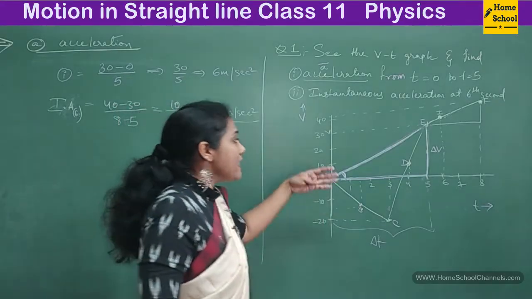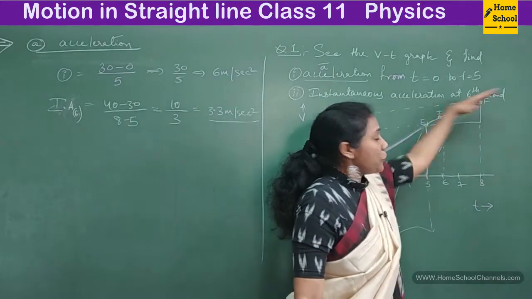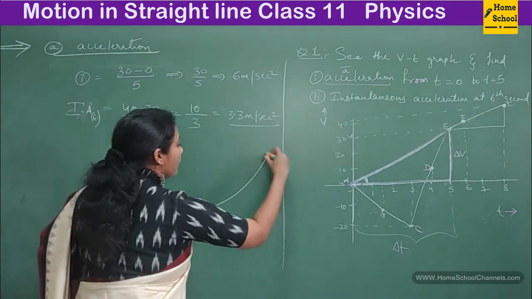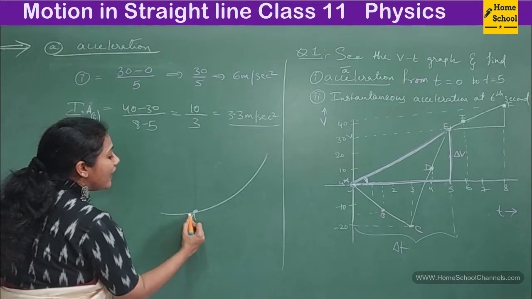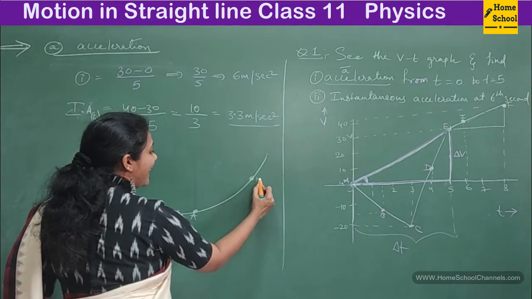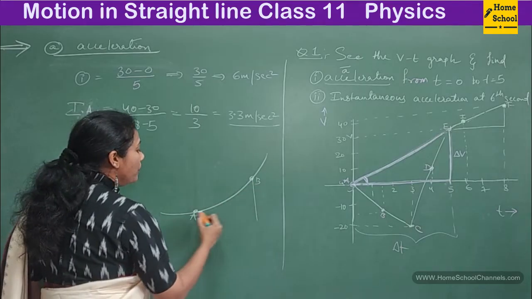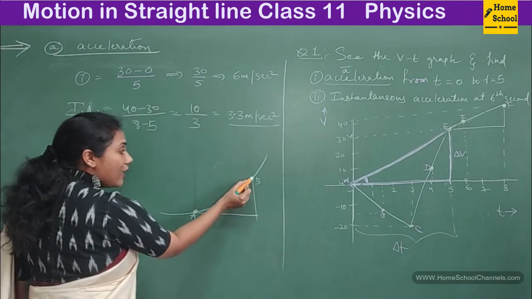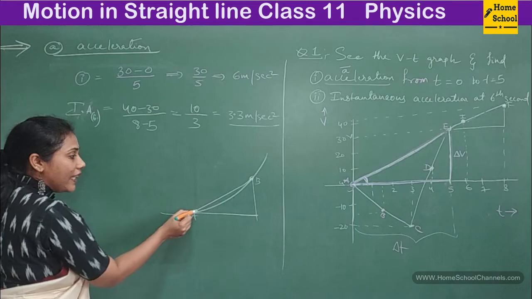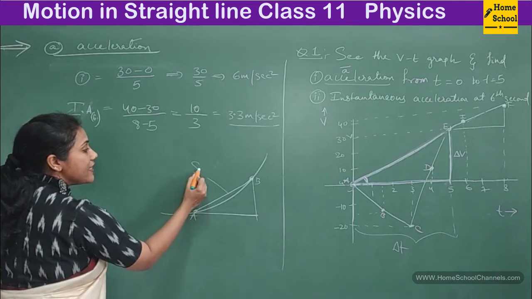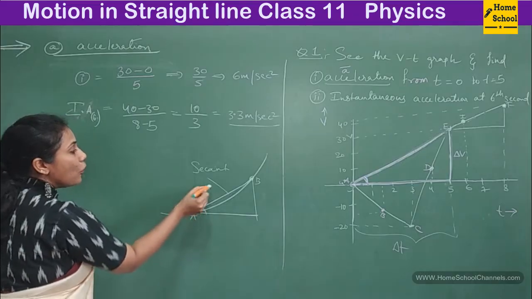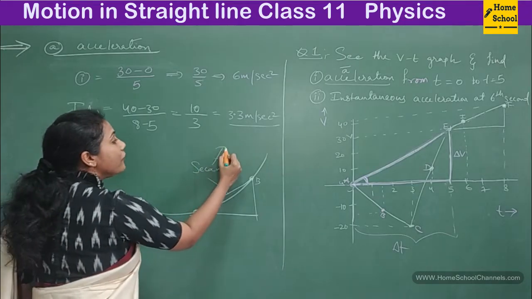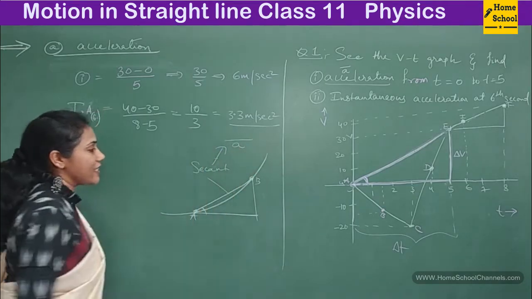And that holds as long as the graph is a straight line. But if it is a curve, and I tell you to find the acceleration between A and B, then what would you do? You would just connect A with B, and this is what we call a secant, right? So the slope of the secant will give you the value of average acceleration.